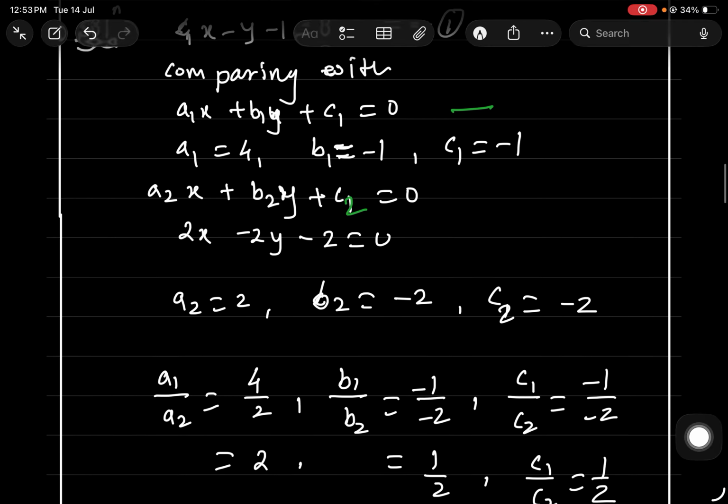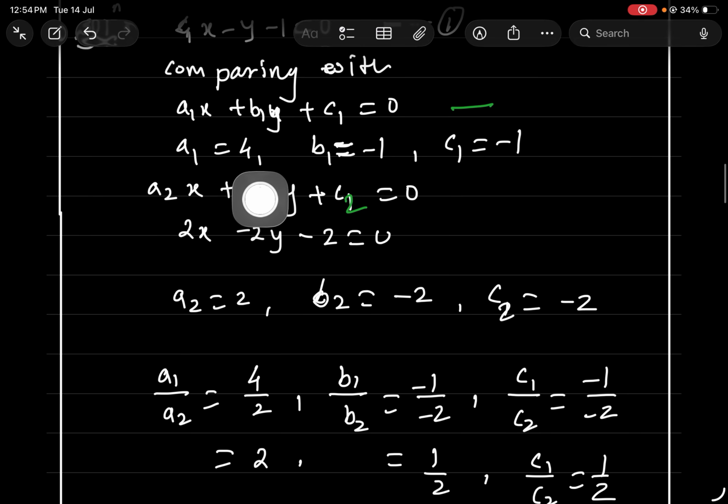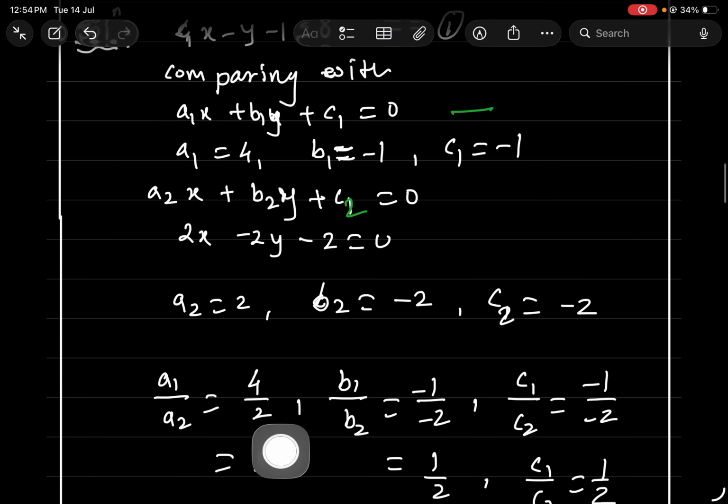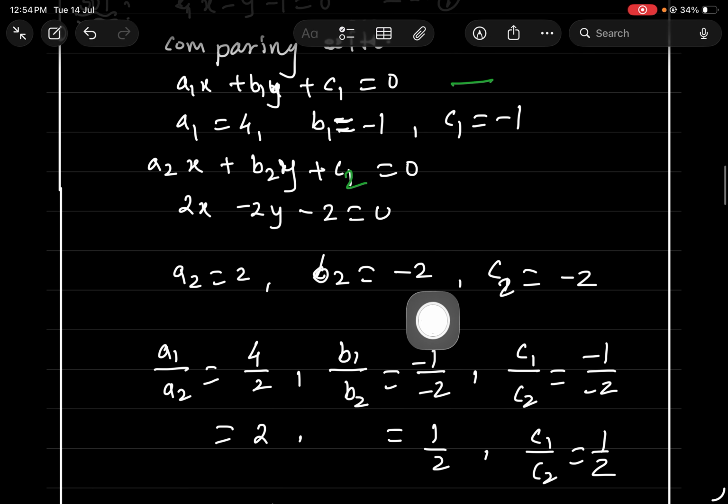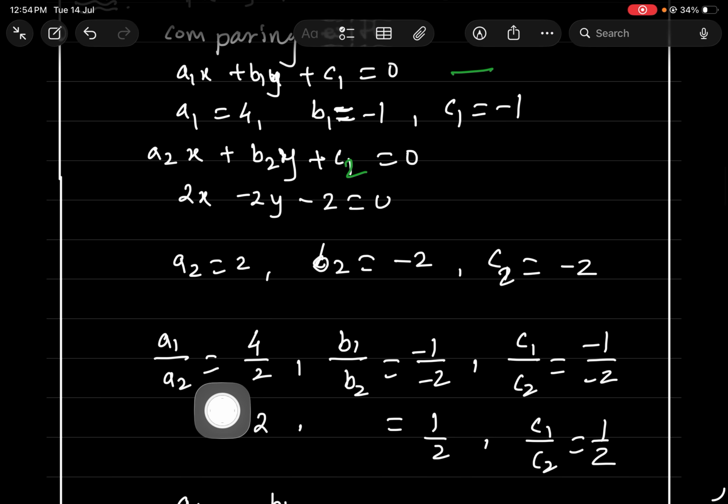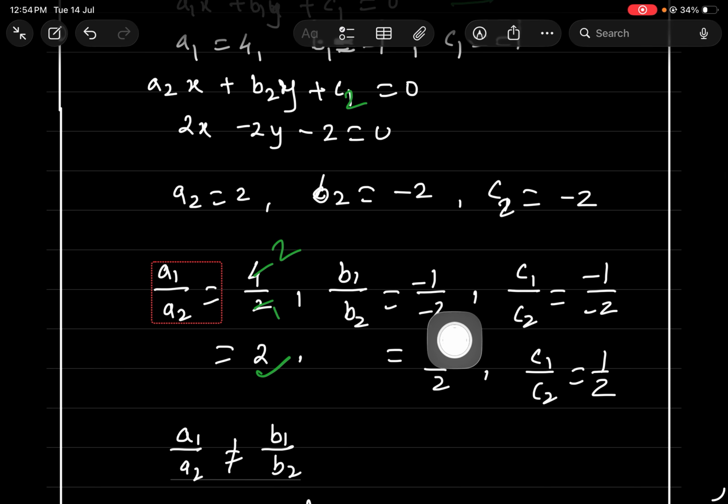Now the ratio a1 upon a2: a1 is 4, a2 is 2, so 2. Then b1 upon b2 is minus 1 upon minus 2, minus minus plus, so 1 upon 2.